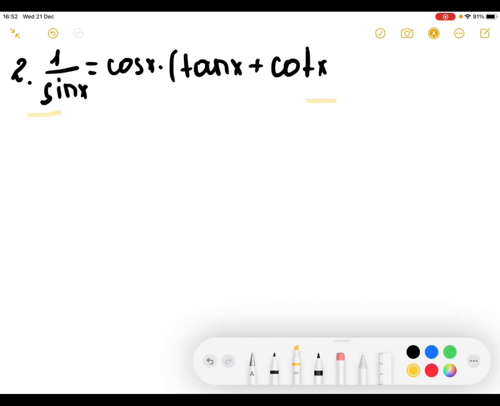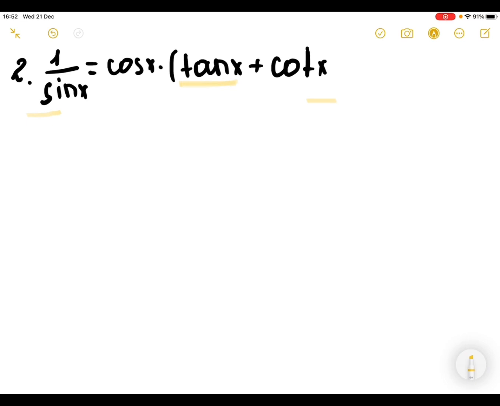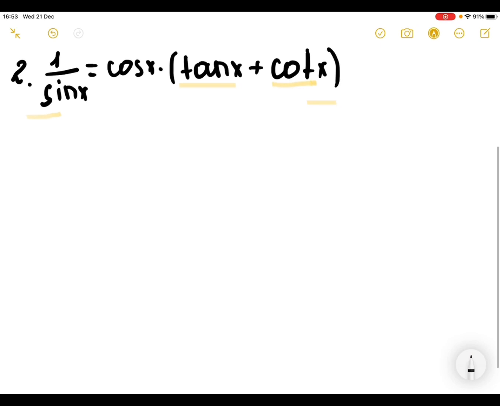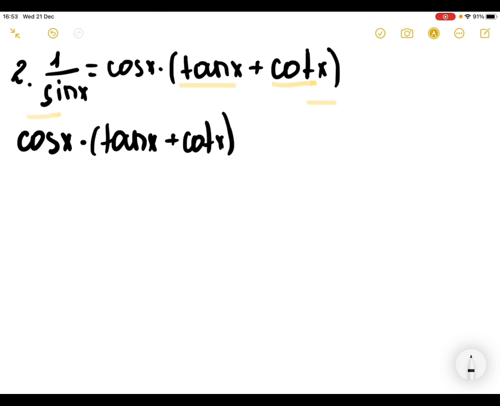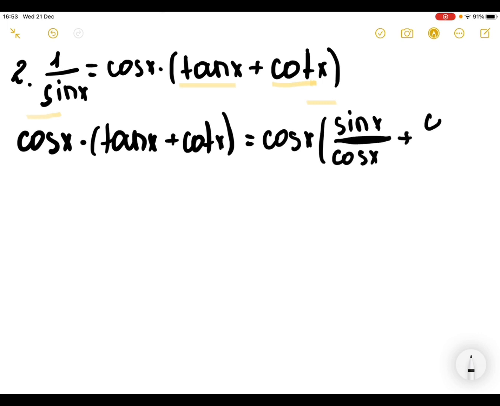Here, tangent x gives us sine x divided by cosine x, and cotangent x equals cosine x divided by sine x. So, cosine x multiplied by tangent x plus cotangent x equals cosine x multiplied by sine x divided by cosine x plus cosine x divided by sine x.